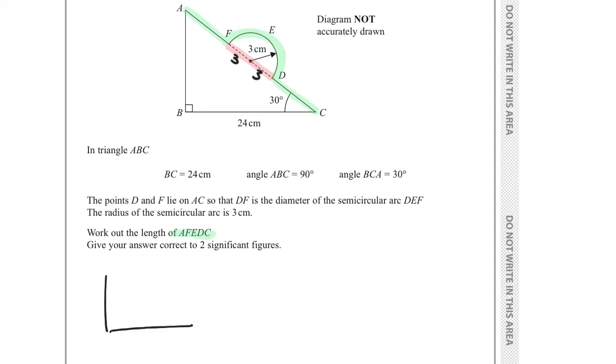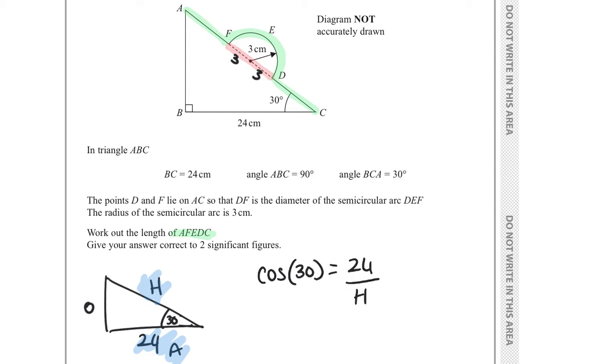I'm going to find the length of the hypotenuse using what? SOHCAHTOA. Okay, so hypotenuse, this is the opposite, this is the adjacent. Well, let's see, what do we want? H, what do we have? A, what is this? Cos. So, cos of the angle equals 24 over the hypotenuse.